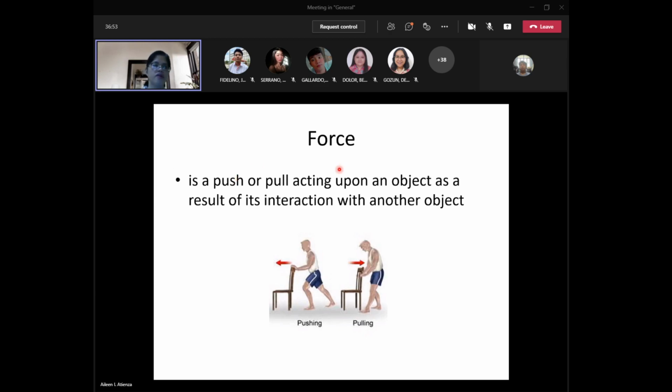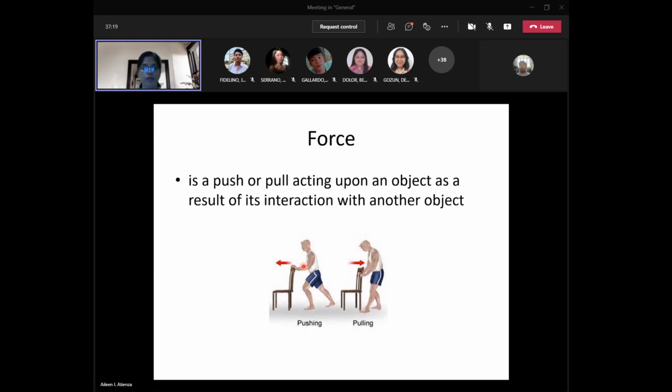So, force is a push or pull acting upon an object as a result of its interaction with, take note, another object. So, for you to say that we have an applied force, first of all, there should be two bodies that are involved. And between these bodies, we have either a push or a pull.